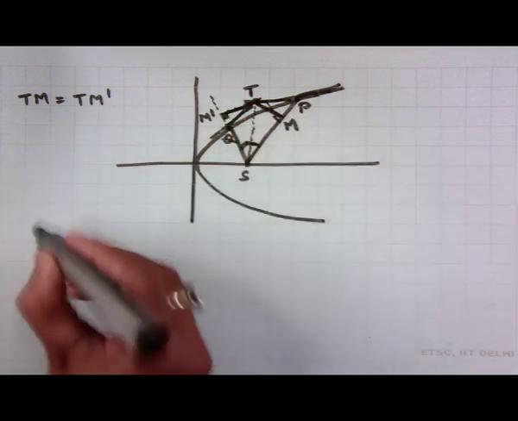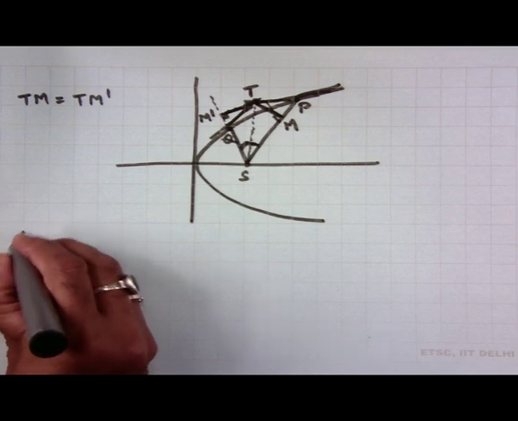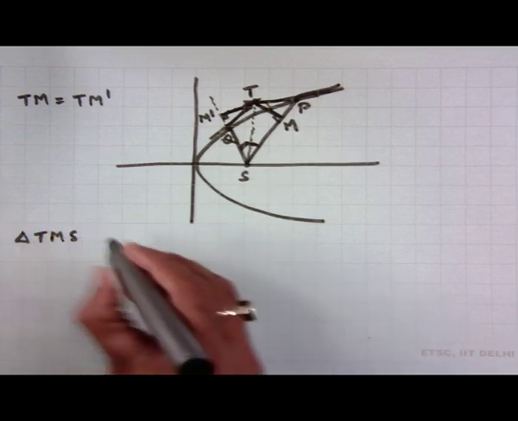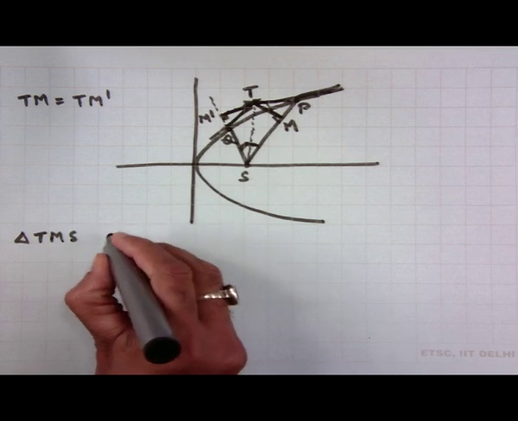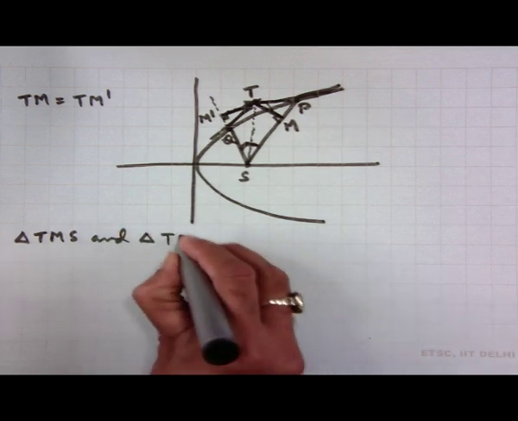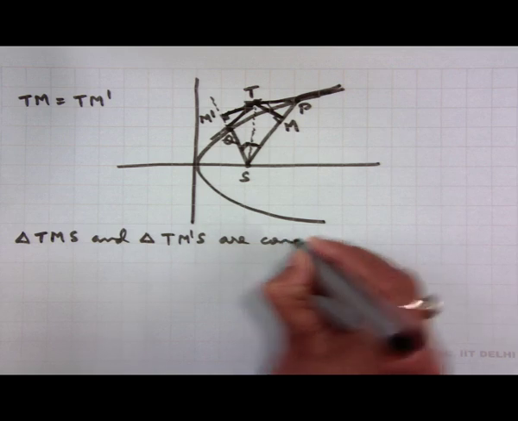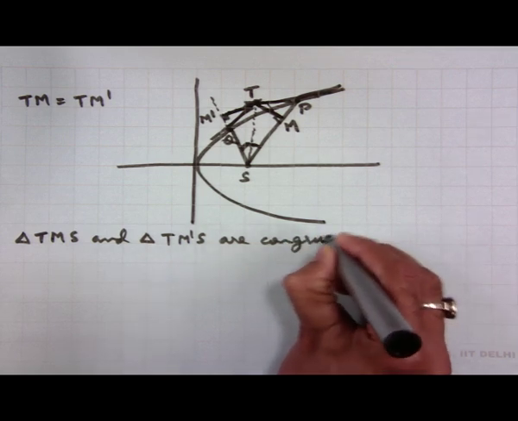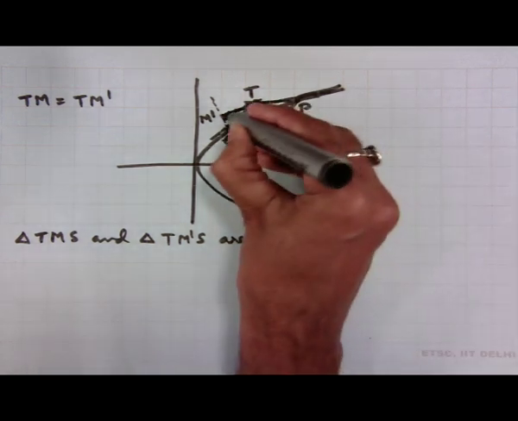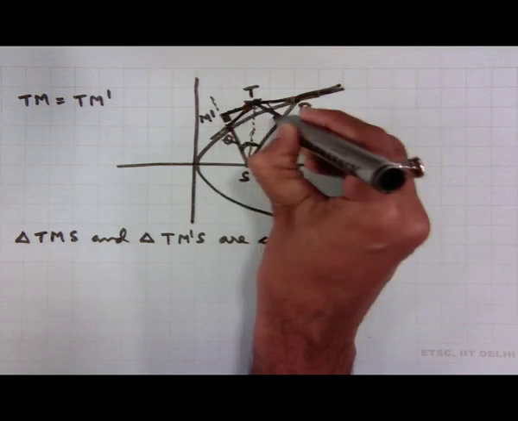Now, these are two right angle triangles. So, triangle TMS and triangle TM dash S are congruent, because both are right angle triangles with the common hypotenuse and TM equal to TM dash.